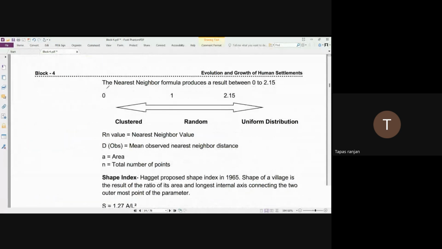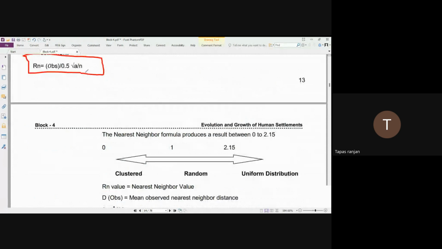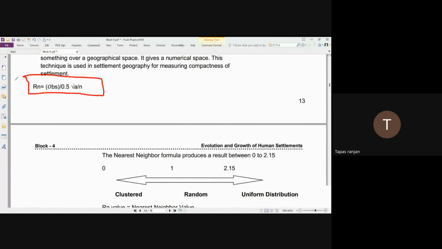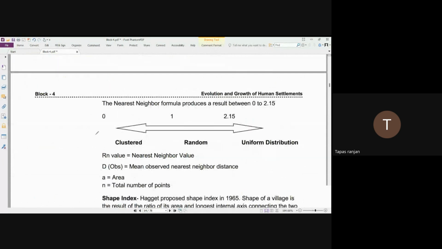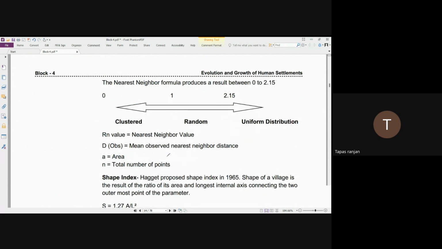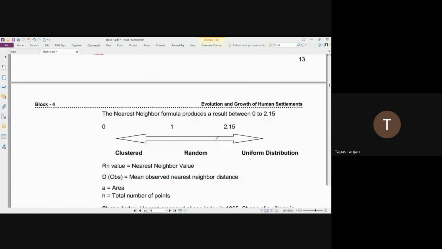This is the mathematical formula, and the explanations of different symbols are given here. Rn is the nearest neighbor value. D means the observed nearest neighbor distance. A is the area, and N is the total number of points that you are taking for your empirical study.